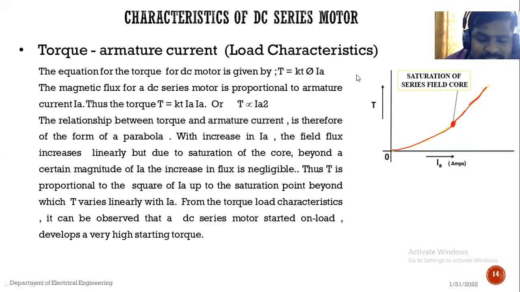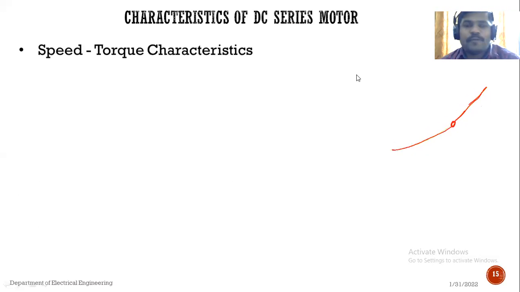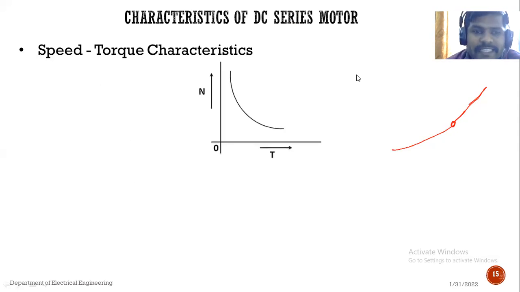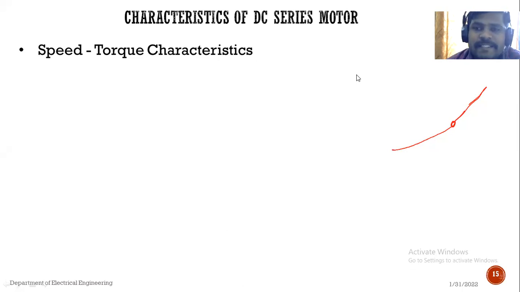Now the next characteristics we will discuss is the speed torque characteristics, the second characteristics of the DC series motor. Speed of the motor is plotted on the y-axis and torque of the motor is plotted on the x-axis.